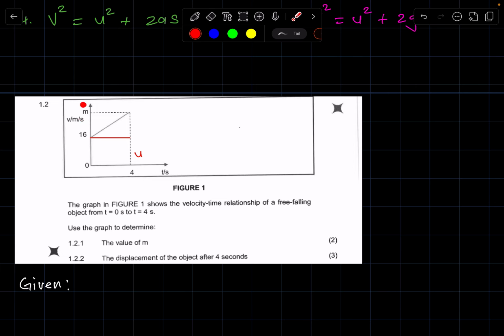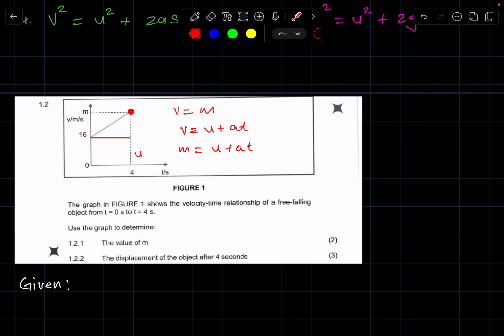So the m essentially represents the final velocity, right? So if v is equal to u plus at in this graph, it essentially means m is equal to u plus at. Remember that from here to there is your initial velocity.